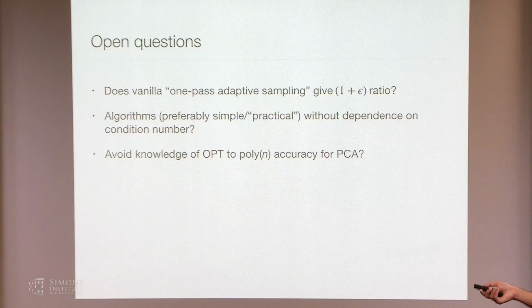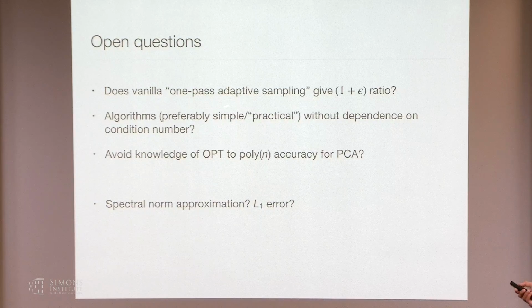And the other thing is avoiding the knowledge of opt. All these are natural open questions, and of course there are lots of open questions when we go to other norms in terms of approximation. But for spectral norm, all bets are off, because even for column selection I don't quite know how to do this. And you could ask about various other errors as well.